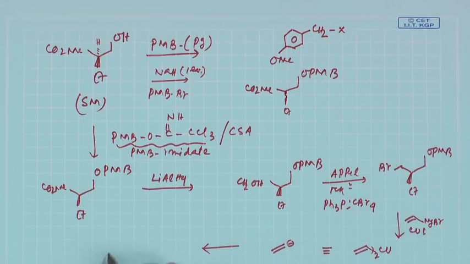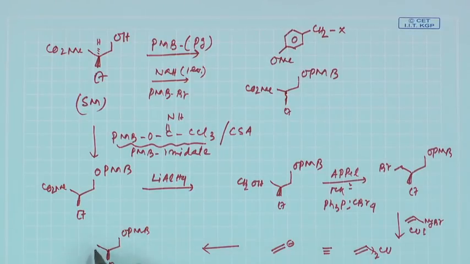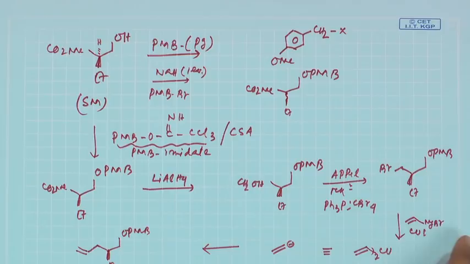Then what you will get is, your ethyl part will remain the same here, you have this OPMB, then you have a CH2 here, and then you put this vinyl. So, you are almost close.